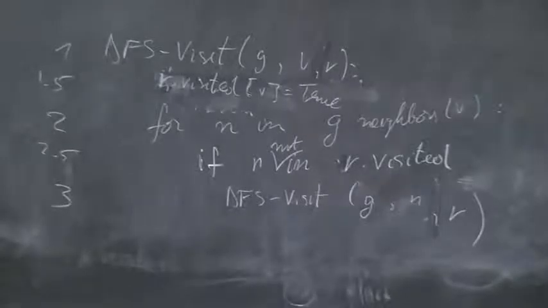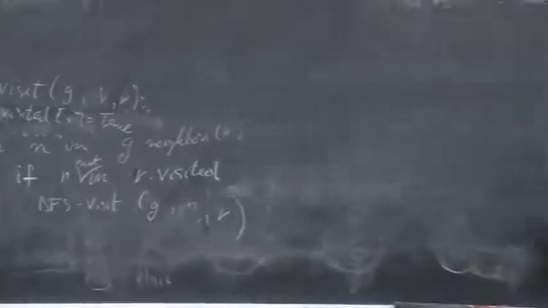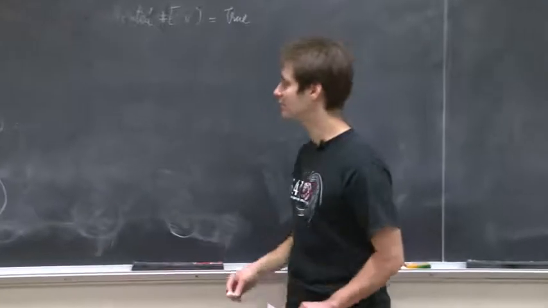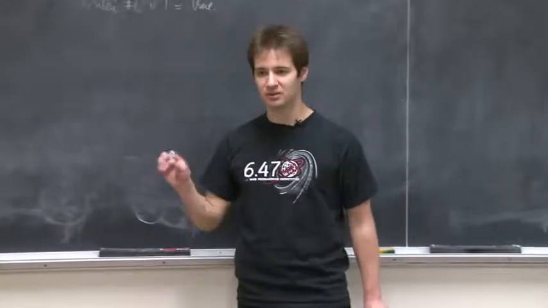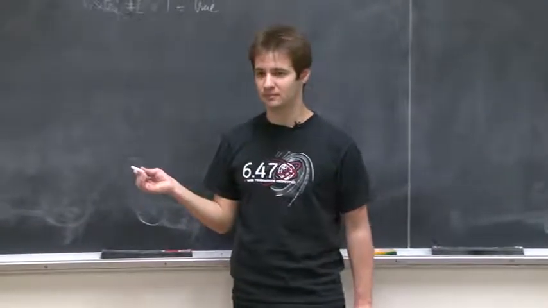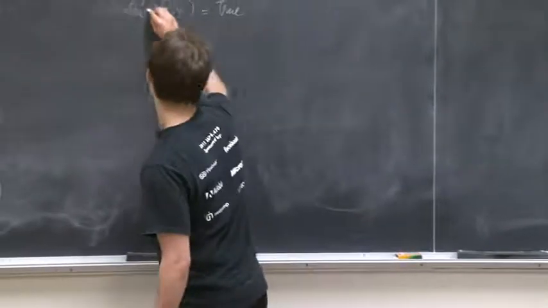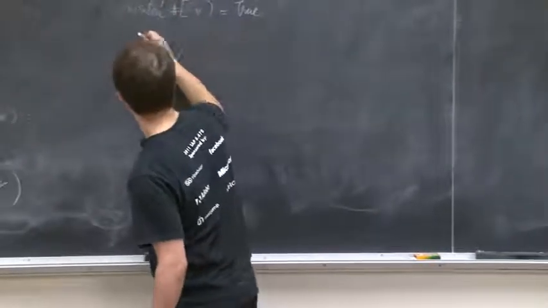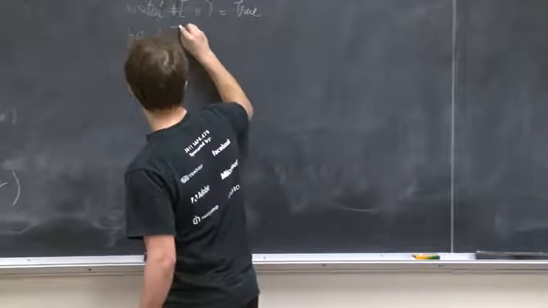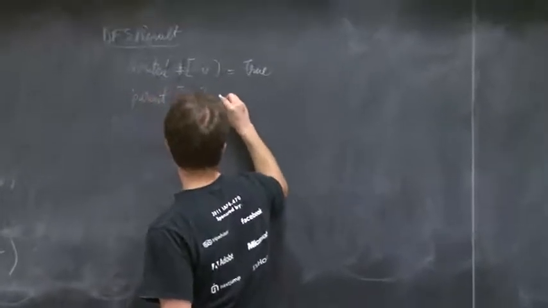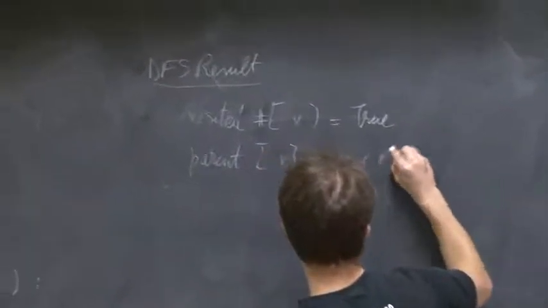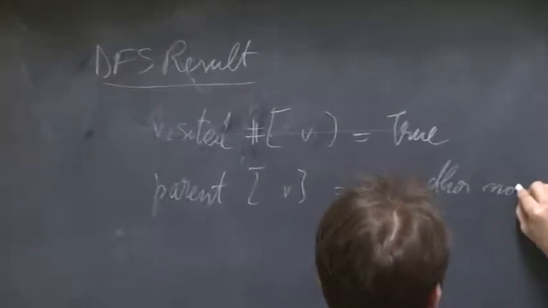Okay, we're going to change things a little bit. Instead of using visited, we're going to keep track for every node of its parent, the node that we visited it from. So we're not going to use visited anymore. Instead, parent of v is going to be some other node.